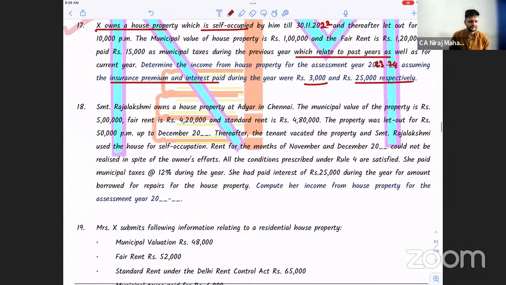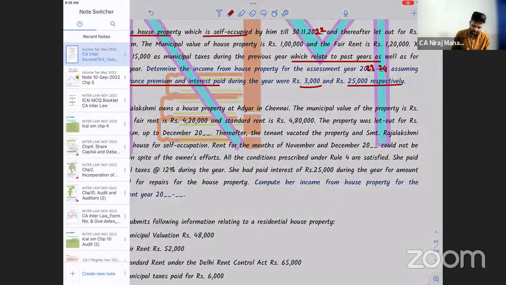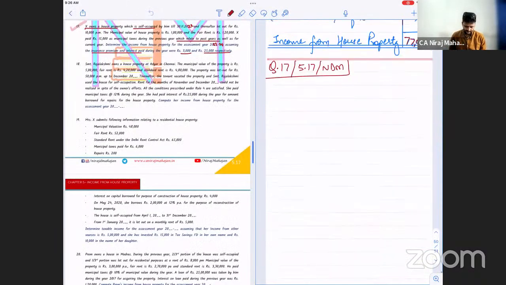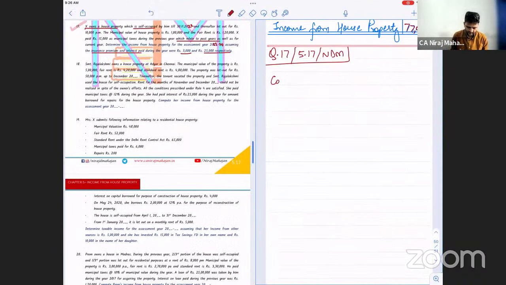Solve. I'm writing it. I'm doing it a little bit in the rough, okay? Because this is a repetitive kind of question.